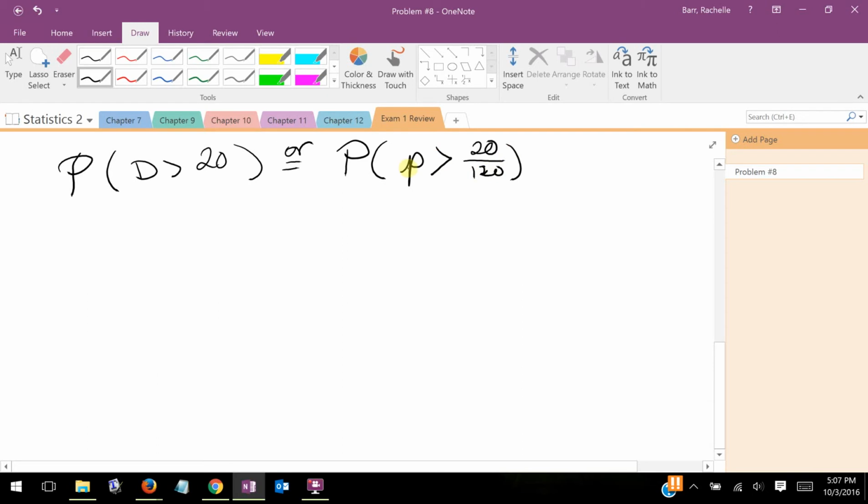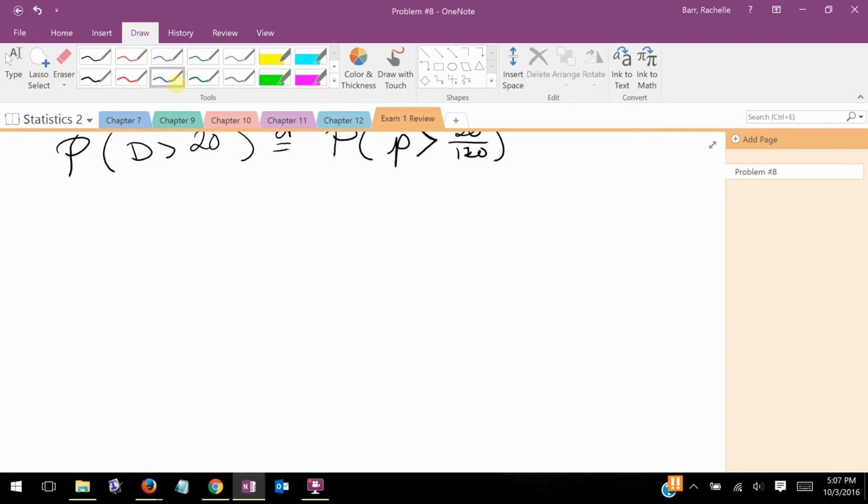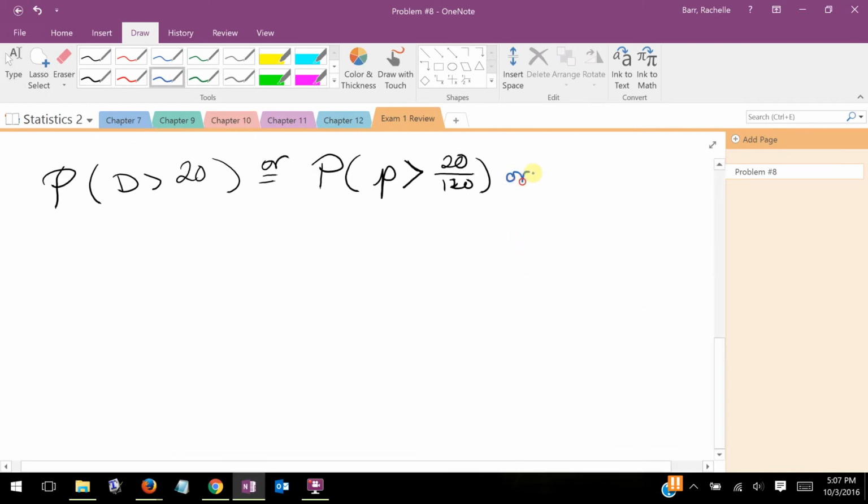Now, here's where you have to be careful with how you define your proportion. You could think about this two ways. You could think of not wearing your safety belt as a success and wearing your safety belt as a failure, and then this would be what you want. Alternatively, you could think of wearing my seatbelt as a success, in which case I want the number of drivers wearing their safety belt out of 120 to be at most 80, the opposite.